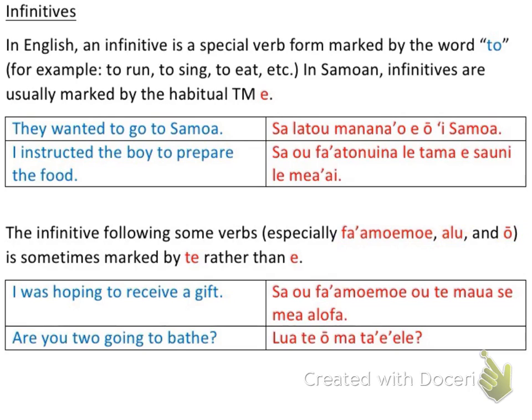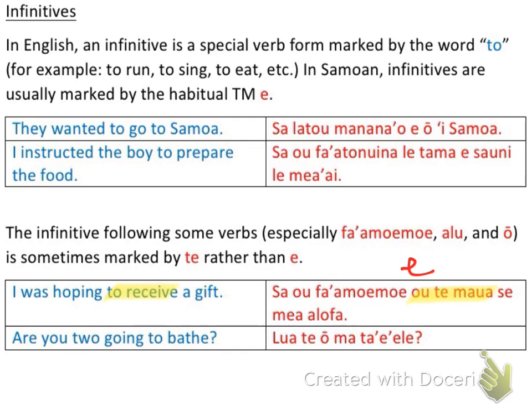So moving on, I was hoping to receive a gift. To receive is our infinitive. So basically, sa'o fa'amoy moi o te, right? So I have to receive is o te maua. In this case, you could do it another way.